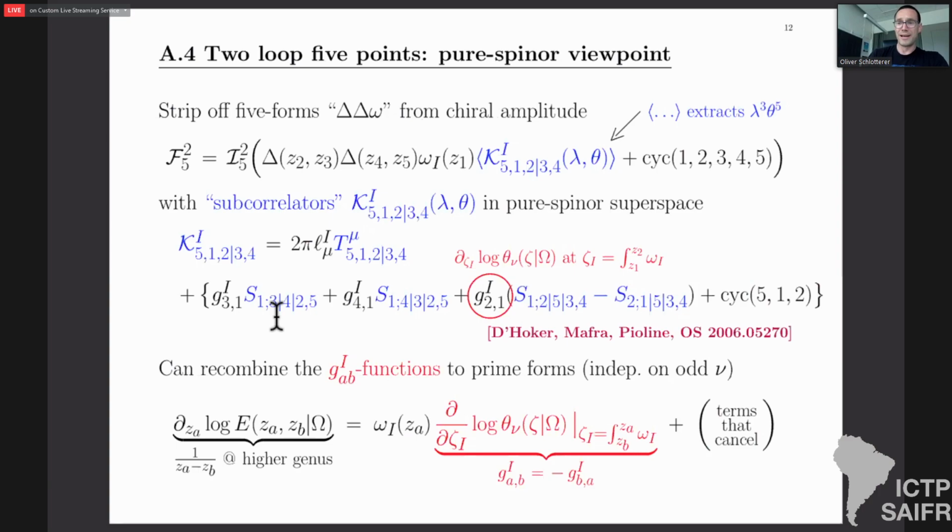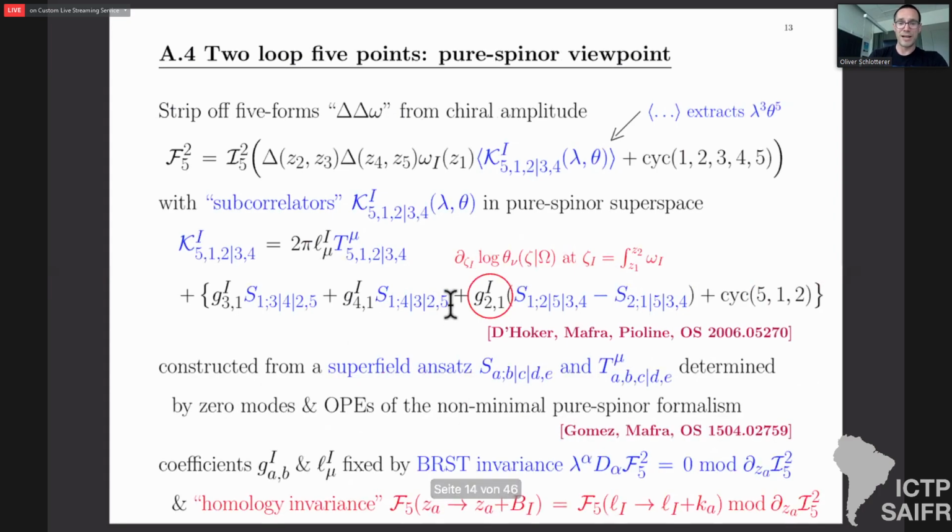Okay, so the structure is we have a couple of kinematic superfields decorated by certain worldsheet functions with simple poles. And you may ask how to find that. Well, of course, explicit computation is one way. But here in this pure spinor work, we had a kind of bootstrap program to get the exact answer from an ansatz.